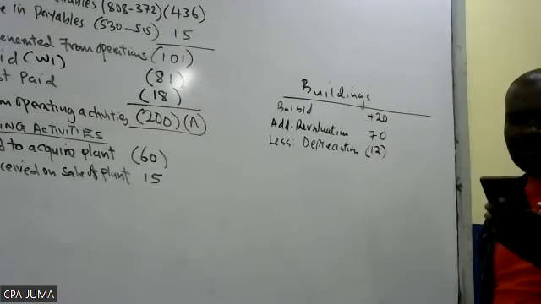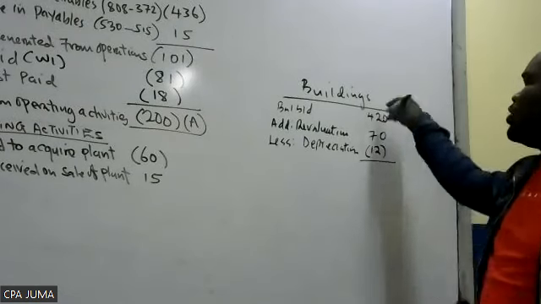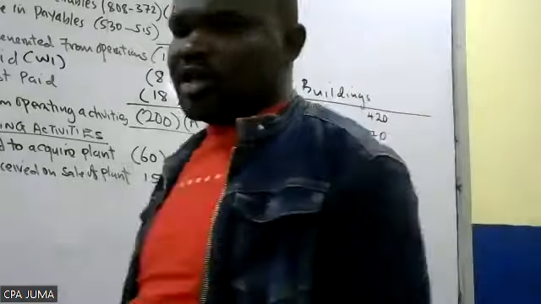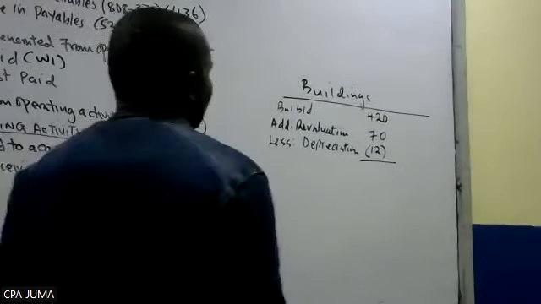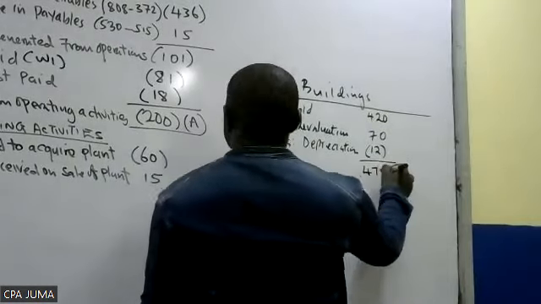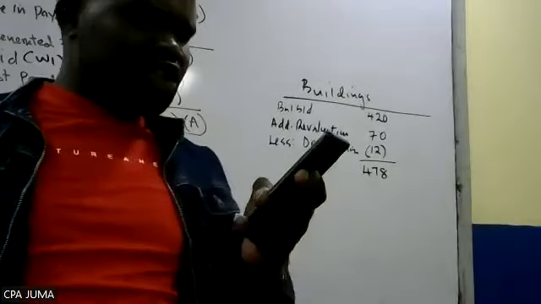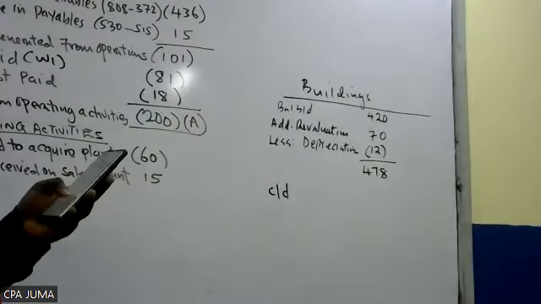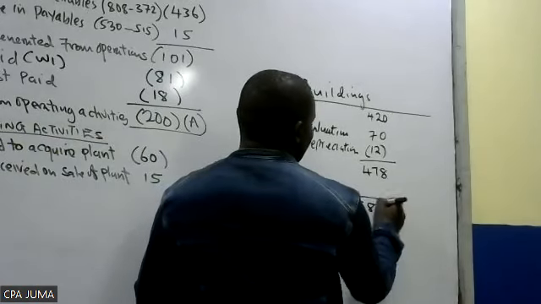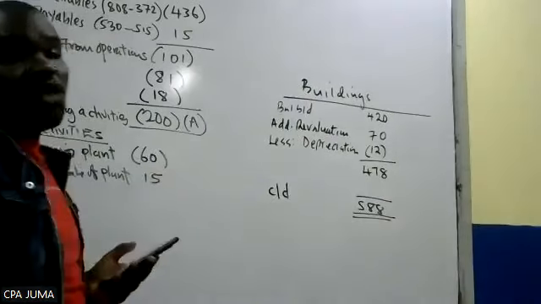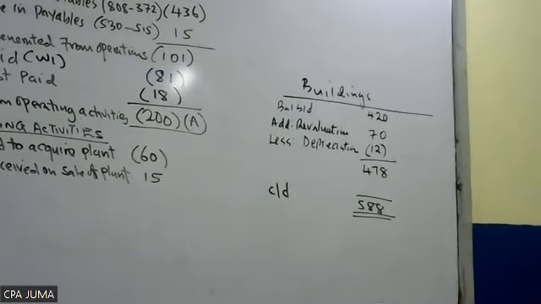Therefore, how much is the closing? The closing should be that figure. I'm just trying to check: 478. But according to the examiner, what is the closing value for buildings in 2023? They closed with 588. It means they acquired more buildings. That is what they are not telling us.